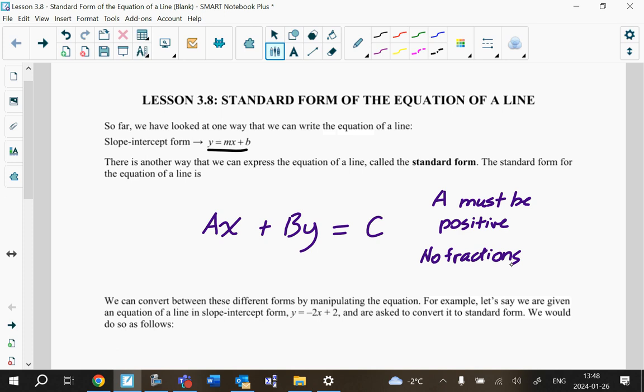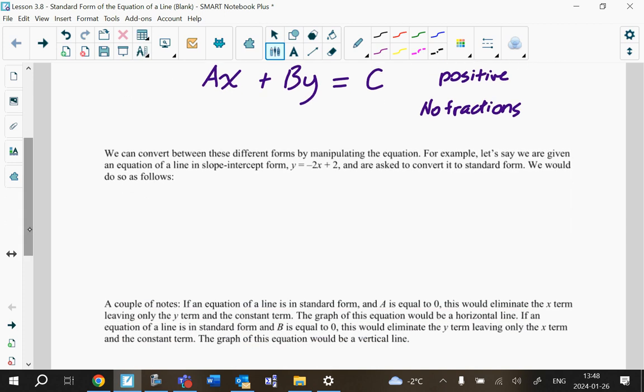So just as an example, what would you do to this equation, which happens to be in slope-intercept form? How would you make it look like this? What would you do to the equation? Do we have the x on this side? No. So we have to move this. How do we move it?